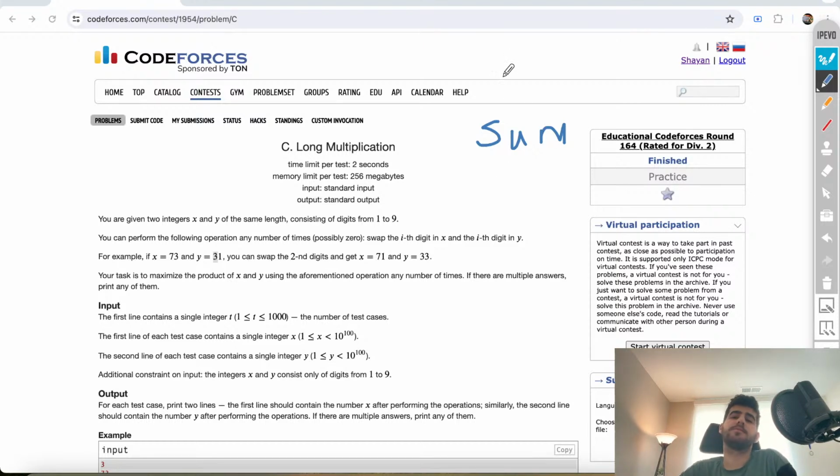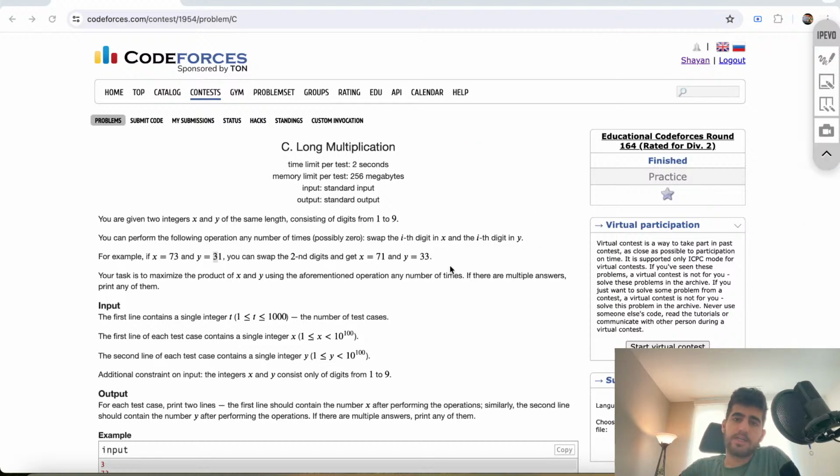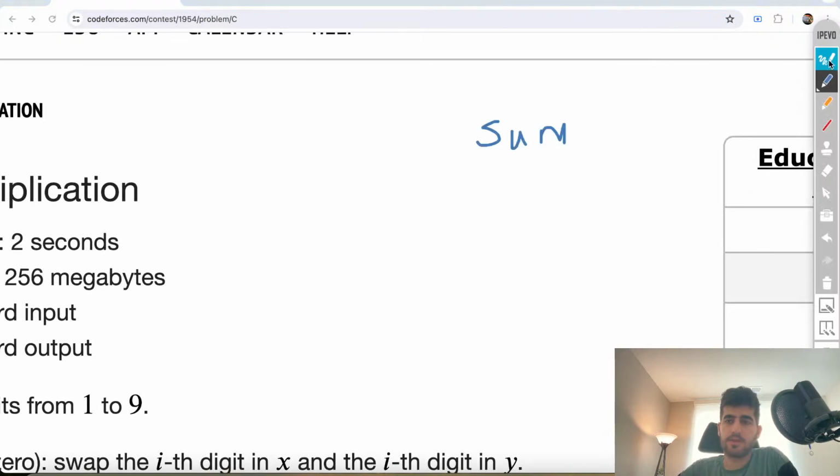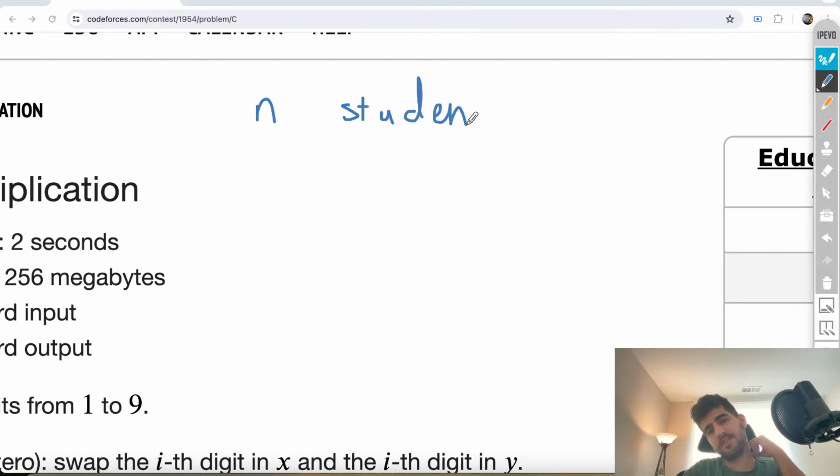Assume that I want to give you a visual proof. Assume that we have a class of, for example, n students, and we want to split them into two groups of x and y.